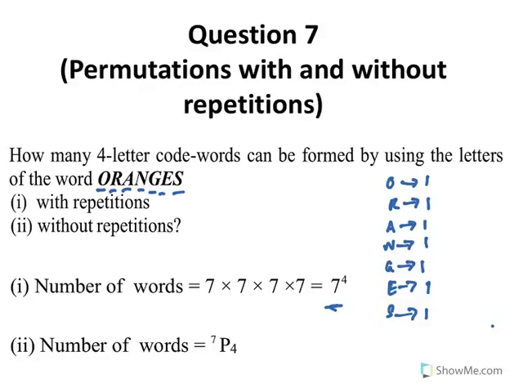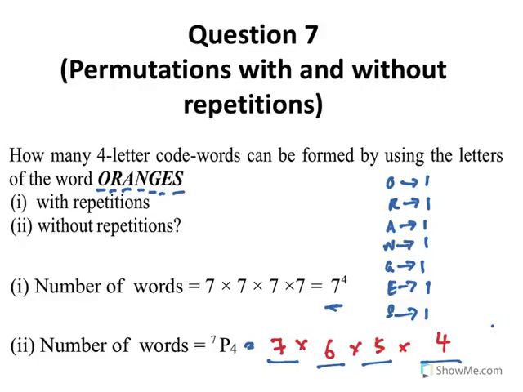Without repetitions, it will be like your normal case. First, 1, 2, 3, 4. How many choices for the first slot? 7. For the second slot? 6. Then 5. Then 4.